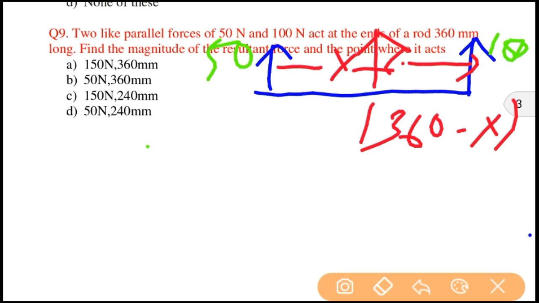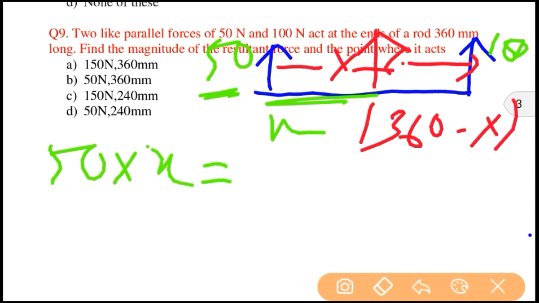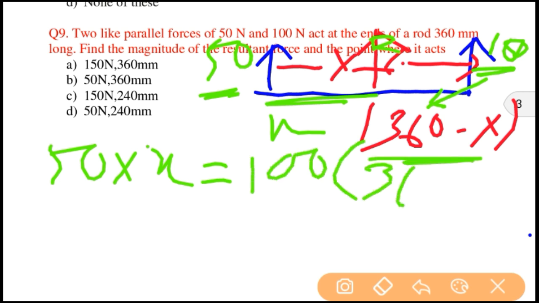Applying the moment, we have force 50 Newton and the distance from the resultant is x. So 50 into x equals, here this force is 100 Newton and the distance from the resultant is 360 minus x, so 100 into 360 minus x.